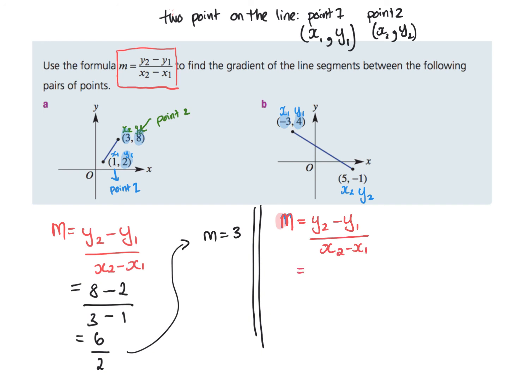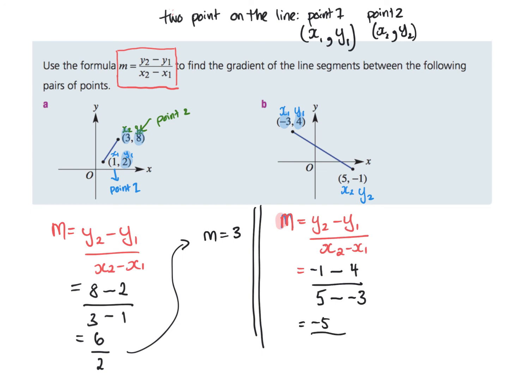So it would equal, y2 is negative 1 minus y1, which is 4, over x2, which is 5, minus x1, which is minus 3. So I've got minus 1 minus 4, I get minus 5.